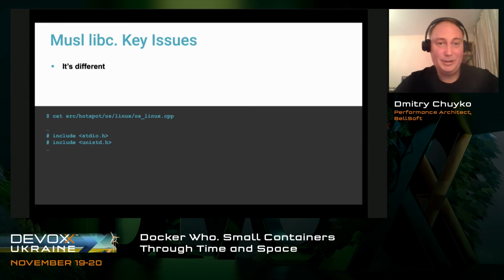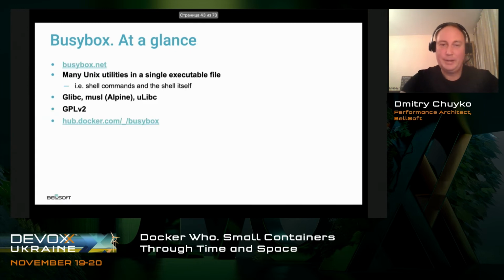As I said, HotSpot is a C++ program, and if you open the main starting implementation file for Linux, you'll find that it includes standard library headers, right? So we do need that standard library. Another key component of Alpine Linux is Busybox. It is a Swiss Army knife tool, a single binary that pretends to be different Linux or Unix programs.